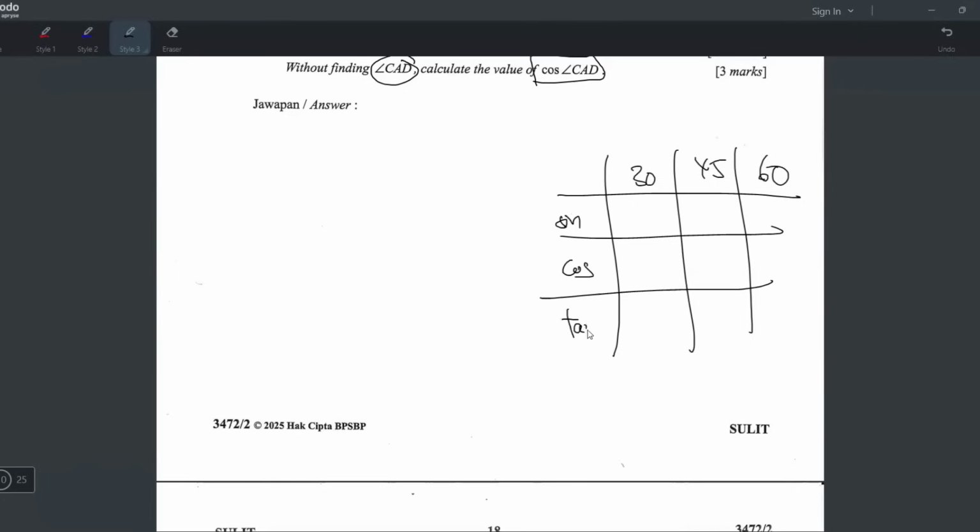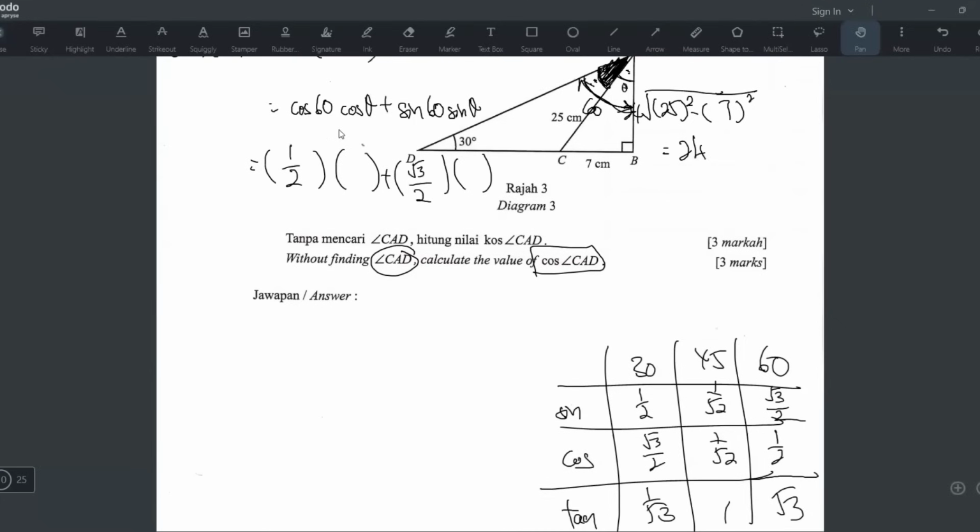I remember asking my students to memorize this. So 60 is one of the angles that you memorize for sin, cos, tan. That is why I know the answer so fast. But if you use a calculator, I think it will give you the same.